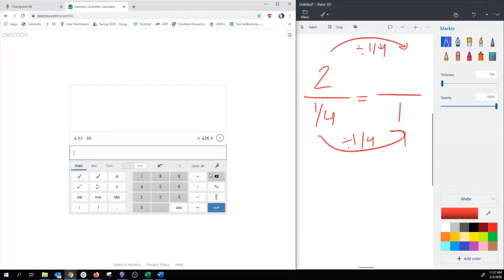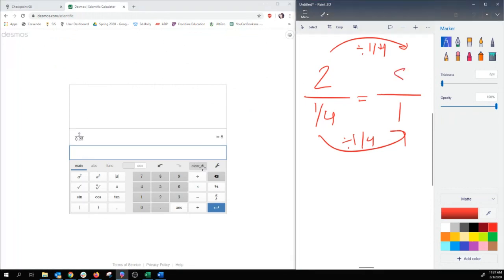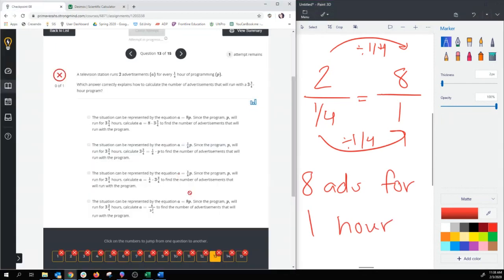So I have 2 divided by 1/4. Tells me 8. So that means that there are going to be 8 ads for every 1 hour of TV. So that tells me that these two answer choices with this 1/8 are out because my unit rate is 8, not 1/8.